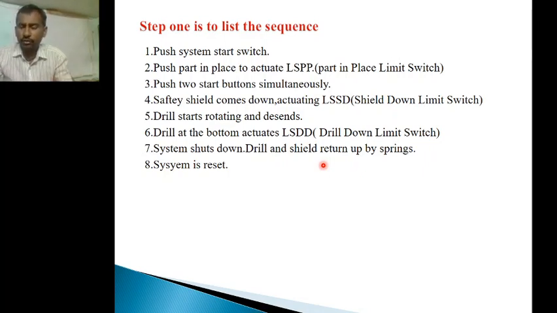First we press the system start button, then one pilot light indicator will be on. Then what do we have to do? We place the part on the base. When we place the part on the base, one sensor will be activated. That sensor is nothing but limit switch part in place. After the limit switch part in place is activated, we turn on the right start button and left start button.